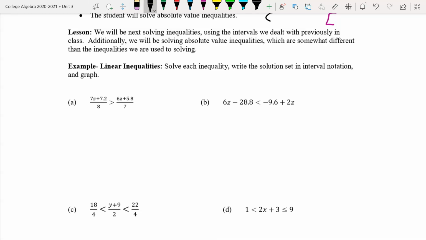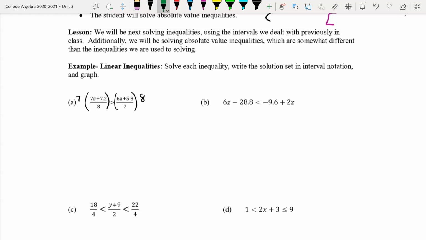Some are a little bit different because they throw in some rational expressions, but we know how to handle this. The first one says (7z + 7.2)/8 is greater than (6z + 5.8)/7. I need to get the denominators the same, so I'm going to multiply the first fraction by 7 and the second by 8.